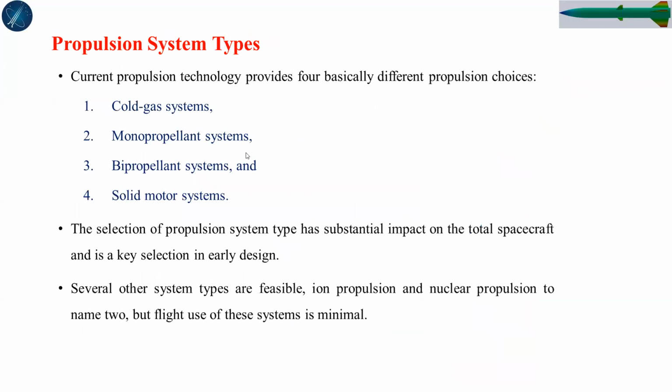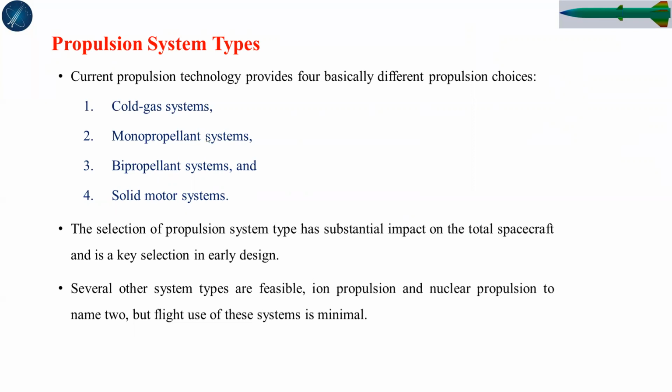Okay, we have four types of propulsion systems. Four types. One is the cold gas system, another is the monopropellant system, the third one is the bipropellant system, and the fourth is the solid motor system. So this solid motor system uses solid propellant, solid oxidizer, solid fuel. Both the fuel and oxidizer are solid in this case.